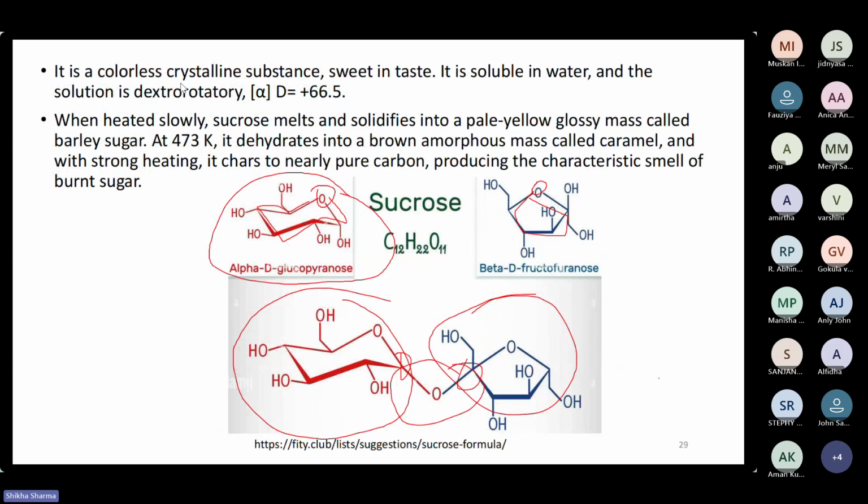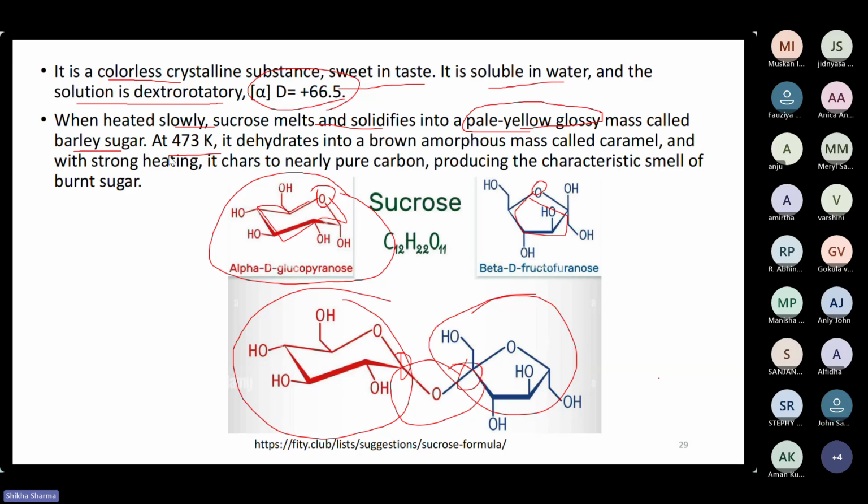Basically, sucrose is a colorless crystalline substance which is sweet in taste and soluble in water, and the solution is dextrorotatory, which is D plus 66.5. When heated slowly, sucrose melts and solidifies into a pale yellow glassy mass, which is called barley sugar.